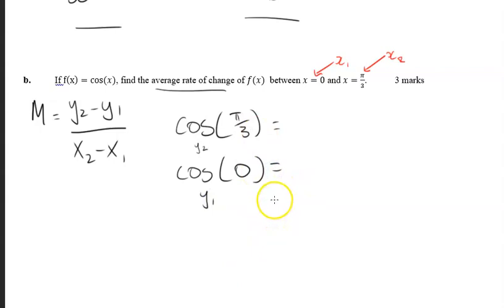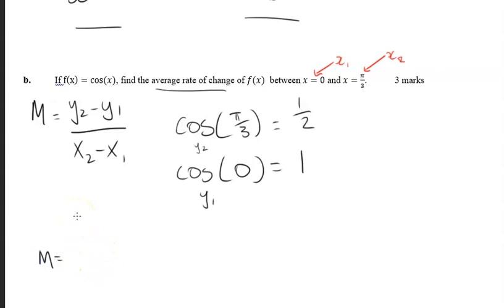So cos of pi on 3, referring to the table, is going to be half, and cos of 0 is going to be 1. So we have a y2, y1, we have our x2 and x1, and all we have to do is just simply substitute this.